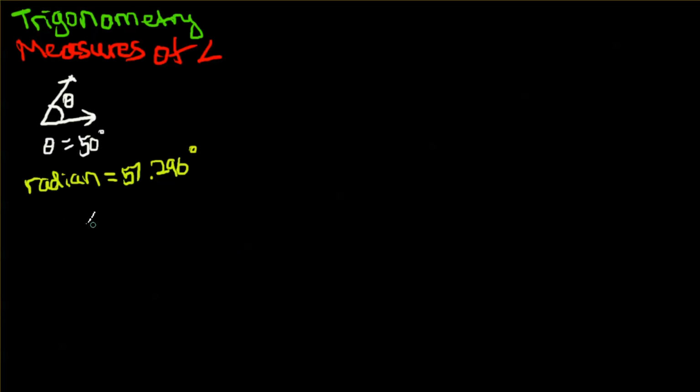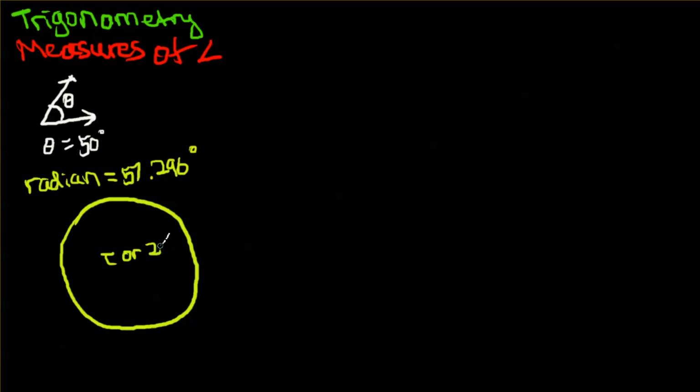Let me draw that bigger so we can do something with this. The amount of radians inside a circle is actually tau, or 2 pi, and that is what makes this value so strange.